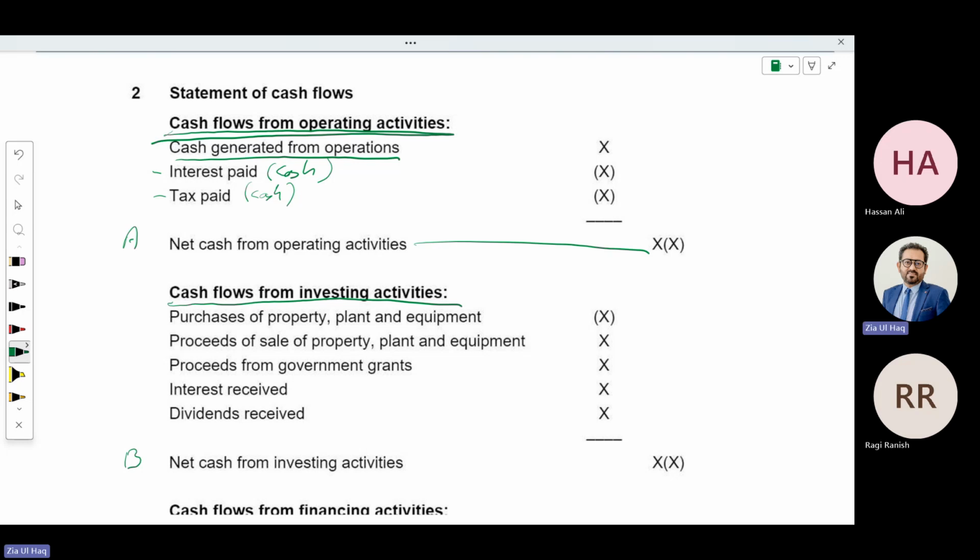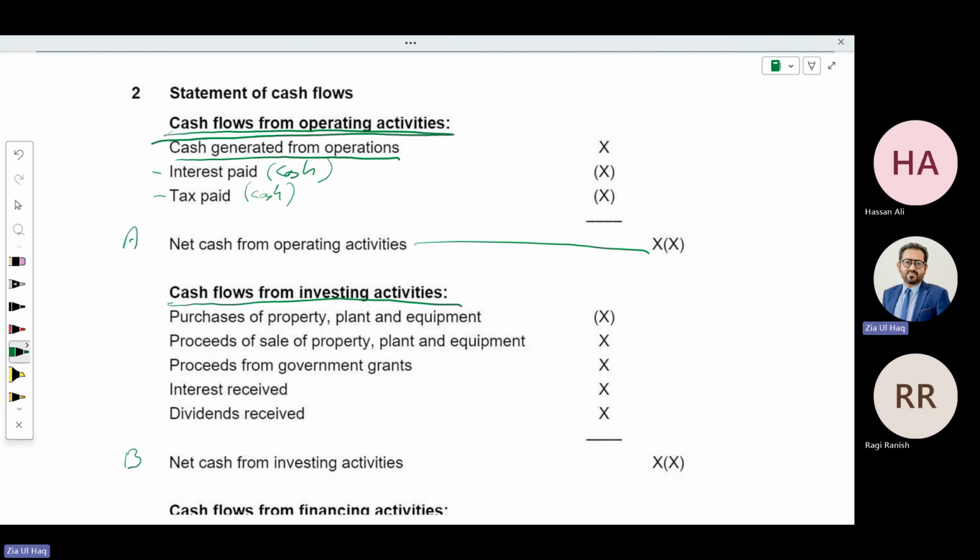Next, we will move toward cash flow from investing activities, meaning relating to purchase and sales of assets. Purchase of property, plant and equipment, is money coming in or going out? Out. That's why we record it negative. Proceeds from sale of property, plant and equipment are coming in, positive. Proceeds from government grant, positive. Interest received, from where? We invested extra money in a bank account against investment.